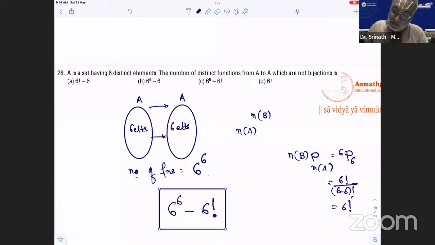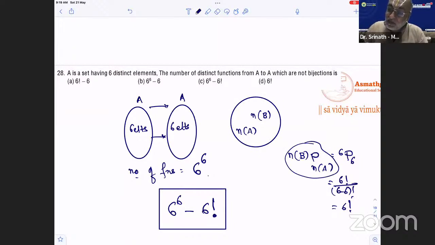Number of functions, this is the formula. Number of bijections, this is the formula. Number of functions minus the number of bijections, so we want the number of functions which are not bijections. So it will be 6 to the power of 6 minus 6 factorial. The shortcuts, I do not want to give more theory into this. You just have to remember this.